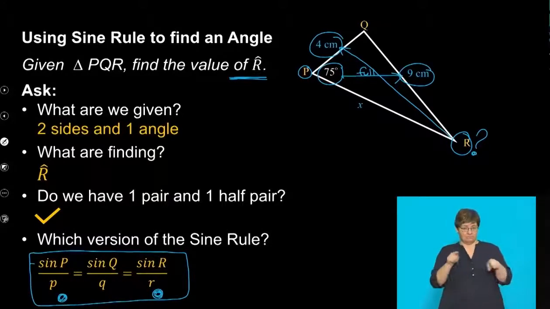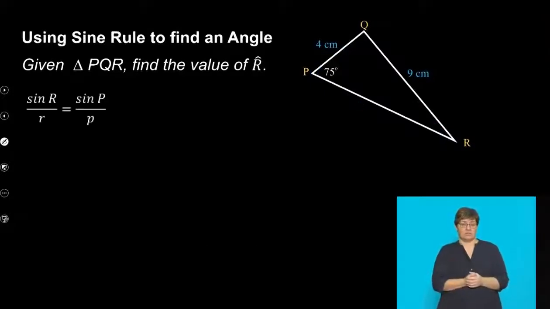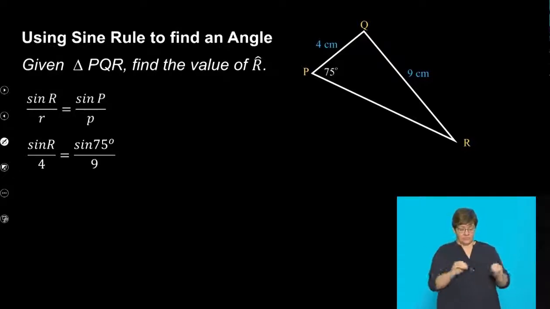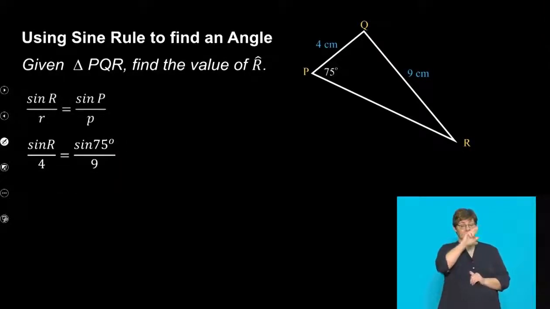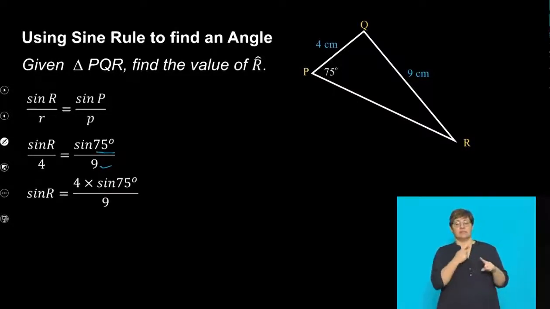So this is the version of the sine rule we're going to use: sine R over R equals sine P over P. Now, substitute all the relevant values in: substitute 4 for R, angle P is 75 and side P is 9 units. Rearrange this to make sine R the subject of the formula, multiply throughout by 4, and we end up with this neat fraction, which we will then put into our calculator.